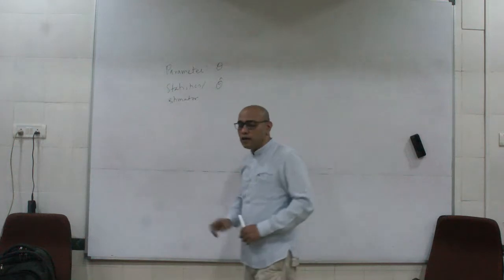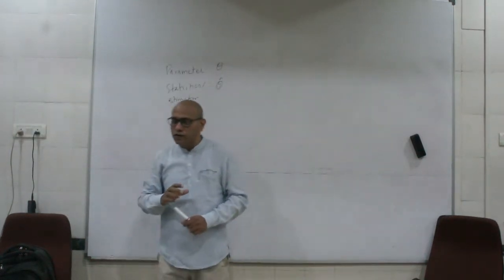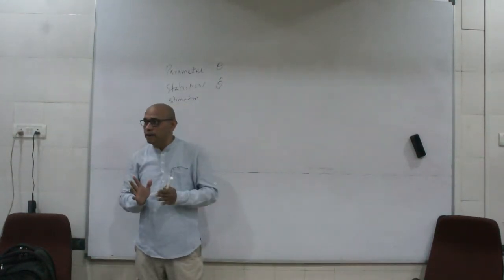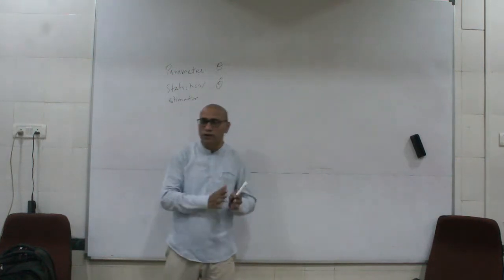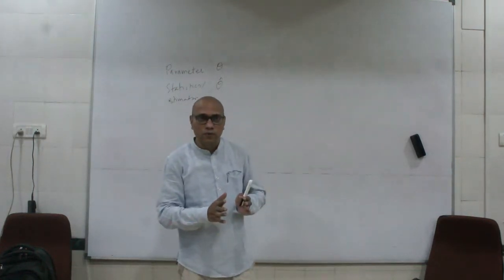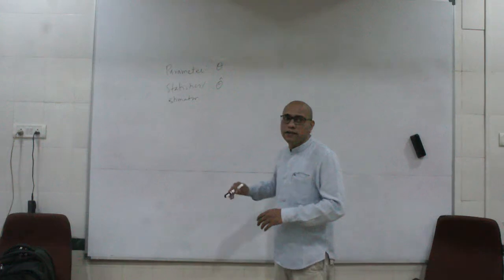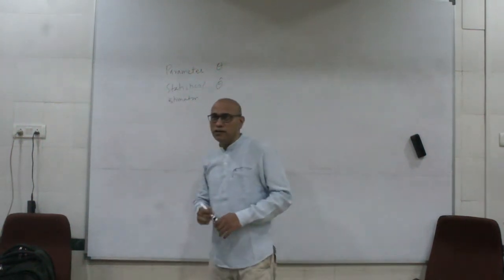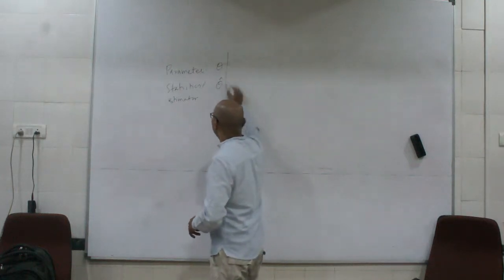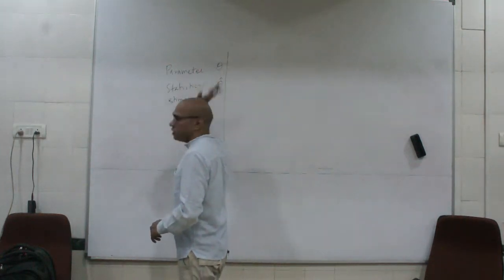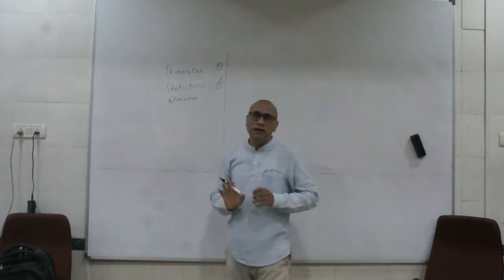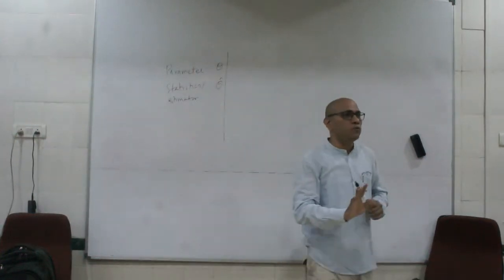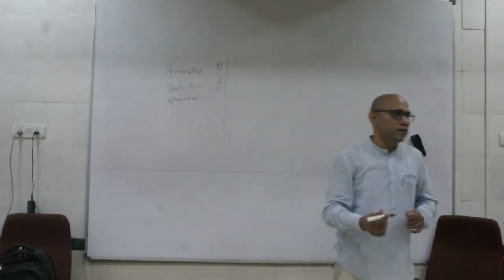Now the point is, theta hat should have certain properties so that I would trust that theta hat is a better estimator of theta. I want theta hat to be a good estimator of theta, an estimator that I would want to use to estimate theta.